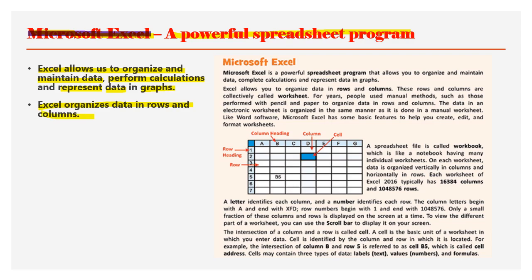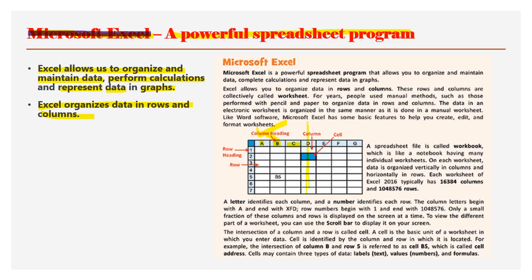Whenever you open Microsoft Office Excel, you will get this type of screen where the spreadsheet is divided into rows and columns. Columns are always denoted by the letters A, B, C, and these headings are called column headings.